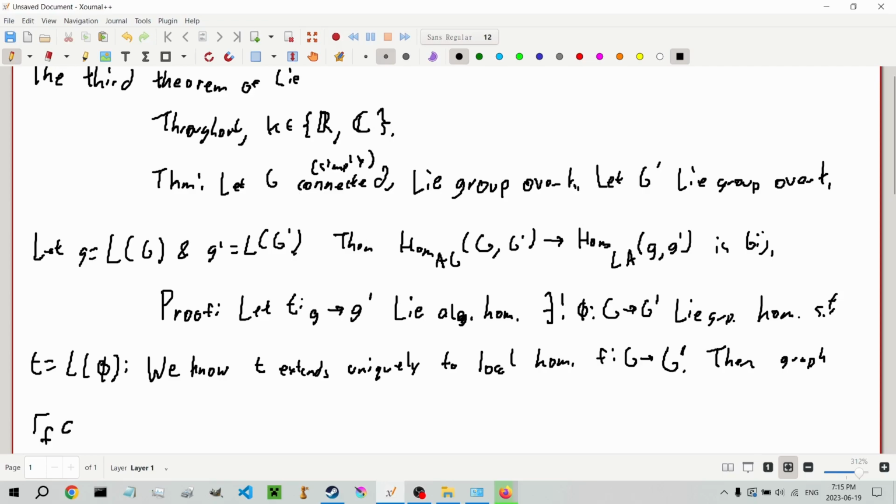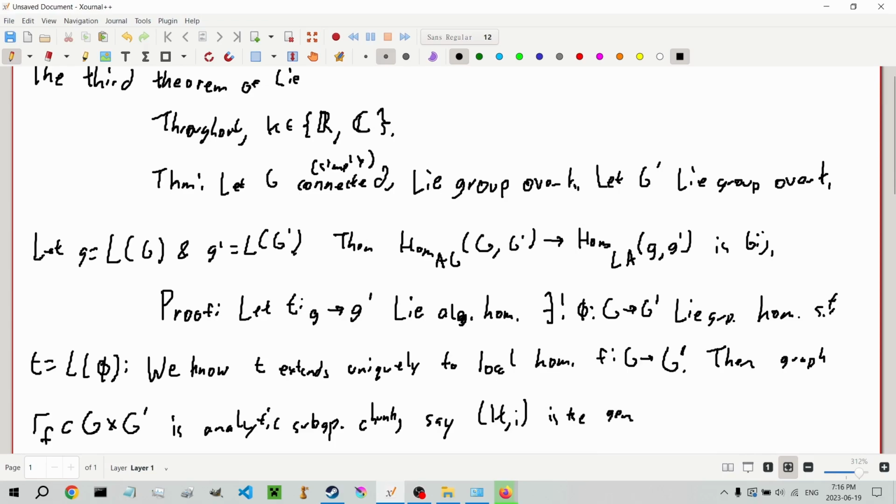This of course is going to be in the product of the domain and the codomain, is an analytic subgroup. We'll call h comma i the Lie group generated by it, the generated Lie group.